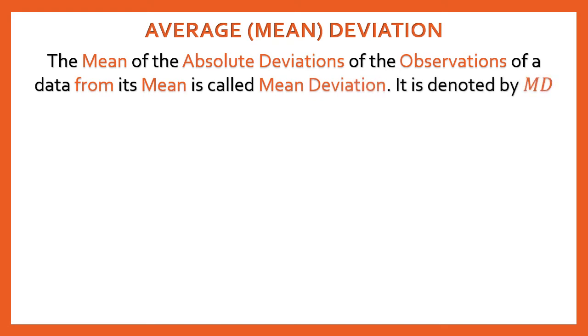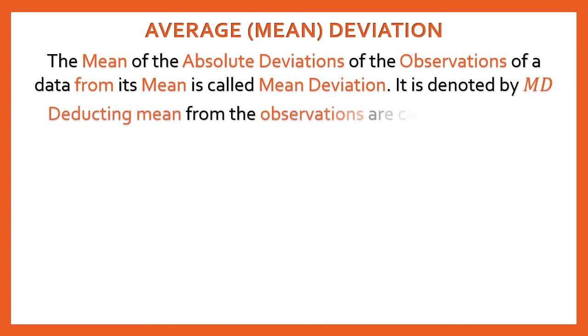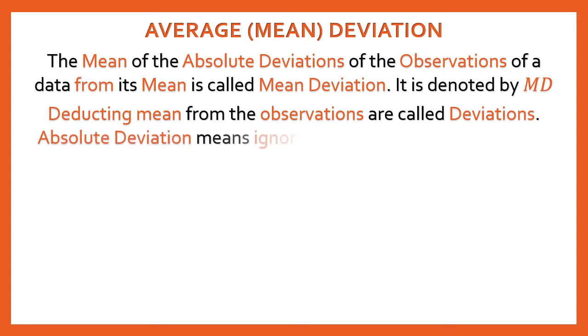Now here there is a particular word which you may find complicated, that is absolute deviations. Deviations are deducting mean from the observations, and absolute deviations means ignoring the positive or negative signs. In the third chapter we deducted x bar from the xi values to calculate the deviations.